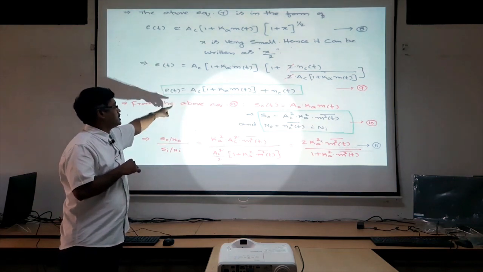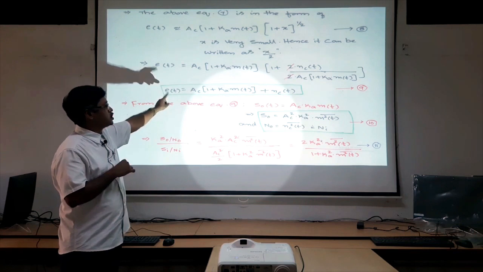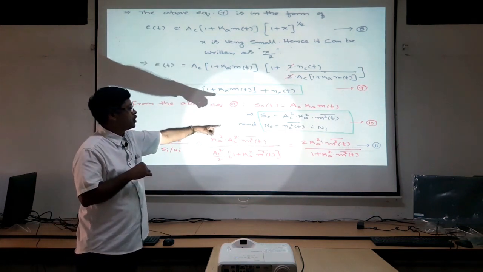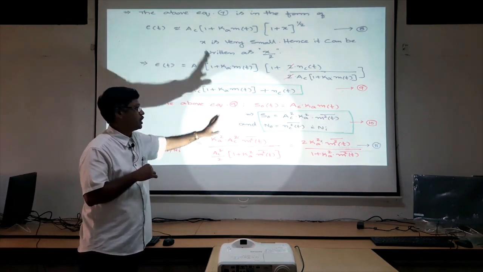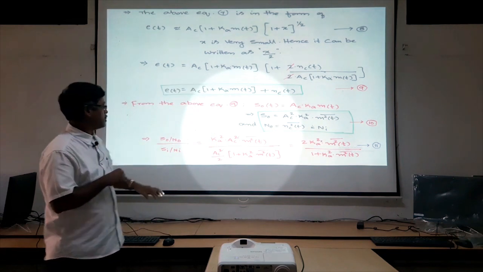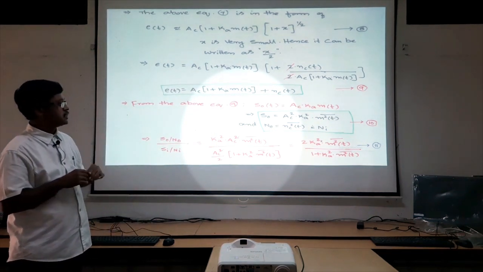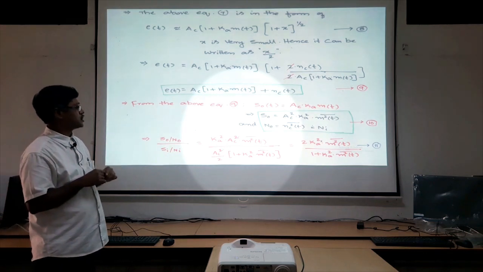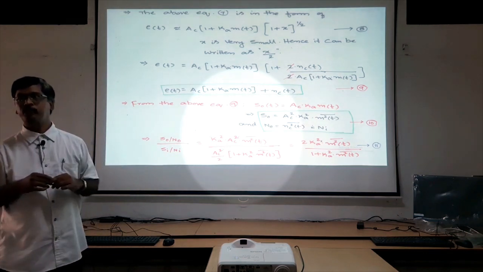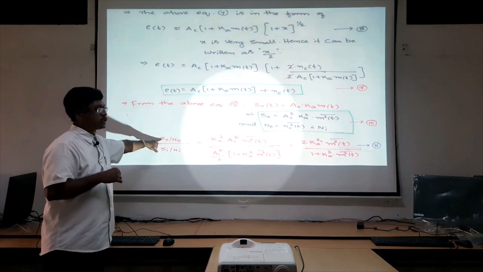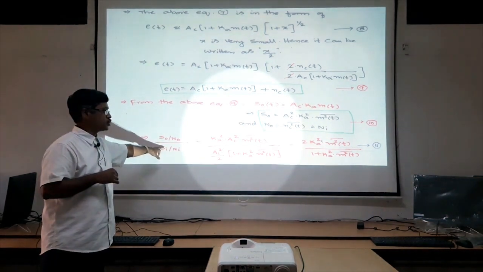Now from this equation 9, try to define the signal power and noise power as S0 and N0. Now from S0 and N0, try to define the output signal to noise ratio. Now if we consider the overall signal to noise ratio, which is defined as the figure of merit, that is output signal to noise ratio to input signal to noise ratio.